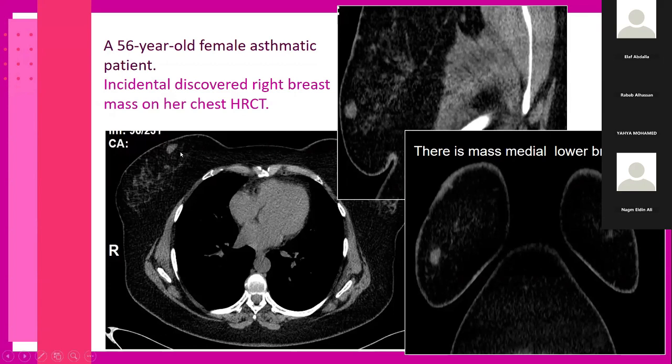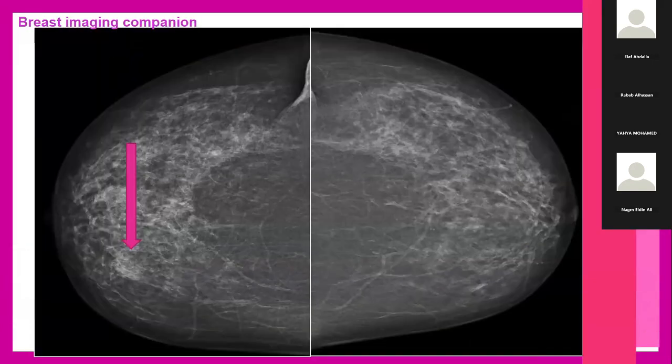If you look at the mass here, you might say this is a benign-looking mass, probably fibroadenoma. But because this is not an optimum modality to evaluate the breast, they sent the patient for breast imaging evaluation. And here we can see her mammogram demonstrating a mass.